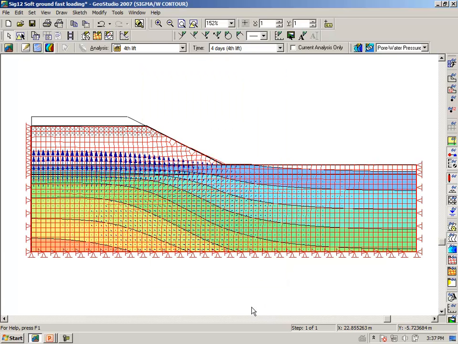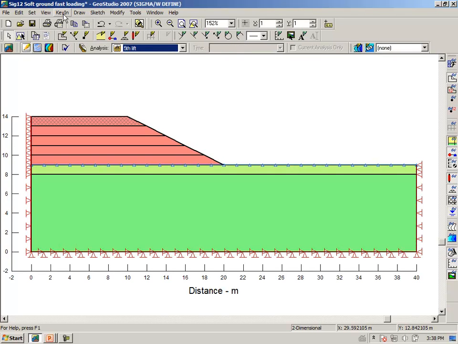And we can now see with these arrows the two-dimensional flow due to the dissipation of the excess pore water pressures. Once again, there are a variety of ways of looking at the results, but for this illustrative workshop example, this is likely adequate to illustrate what can be done.